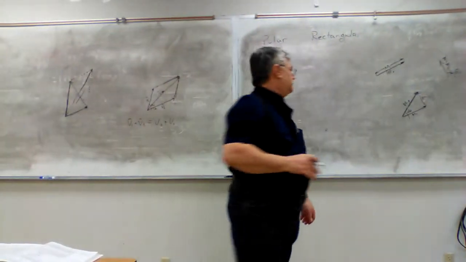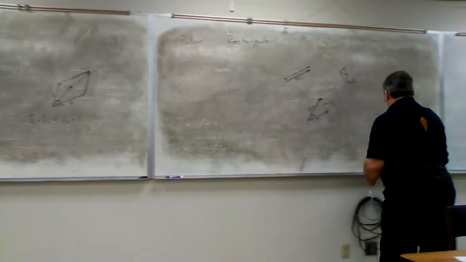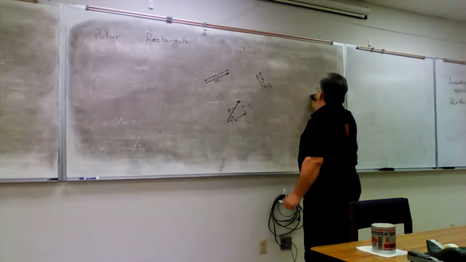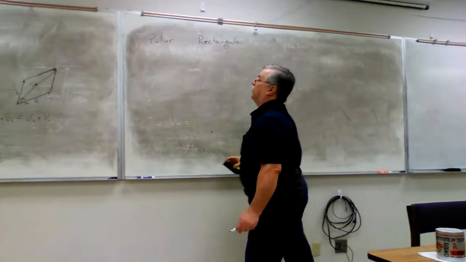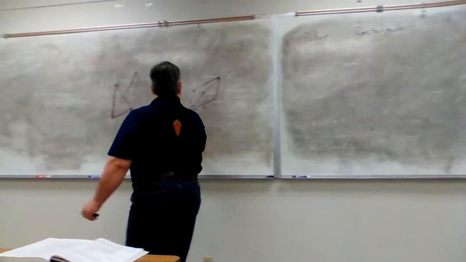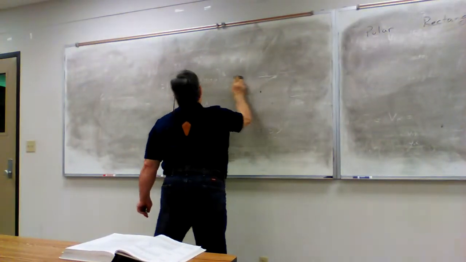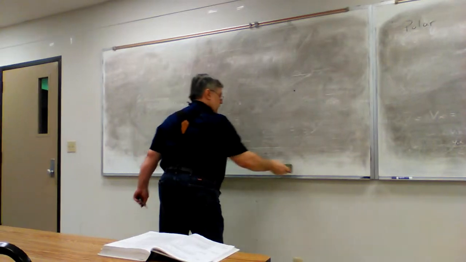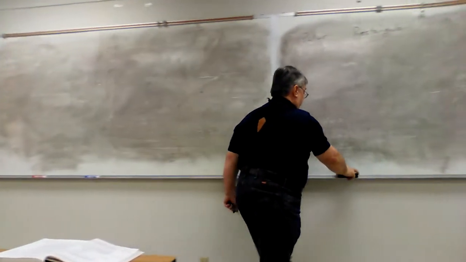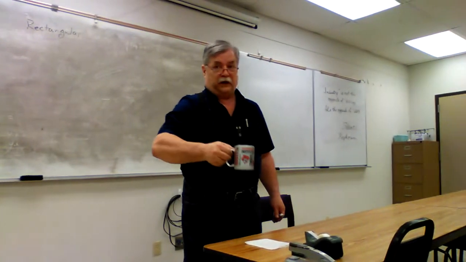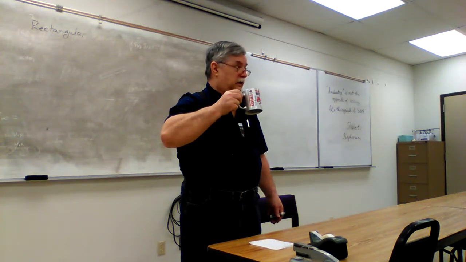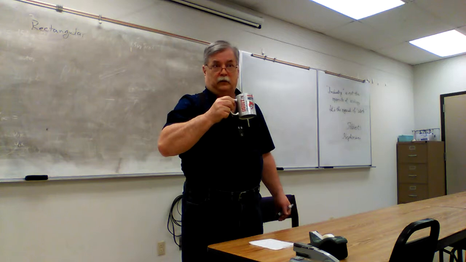So let's review that and look at how you convert from polar into rectangular. Because once you understand how to add vectors and what's actually happening when you add vectors, rectangular form becomes very intuitive.